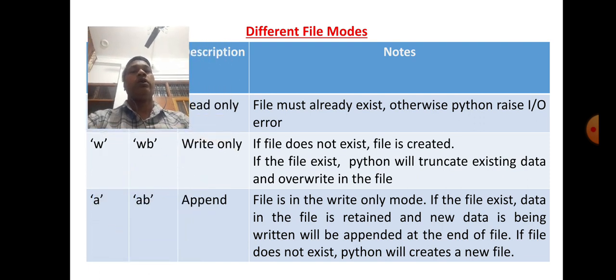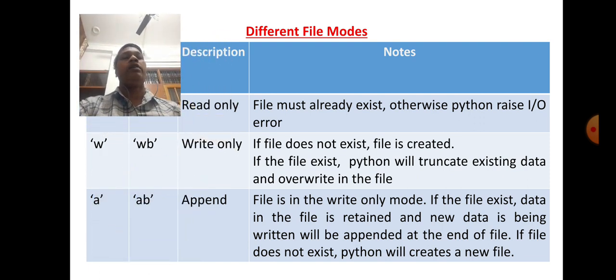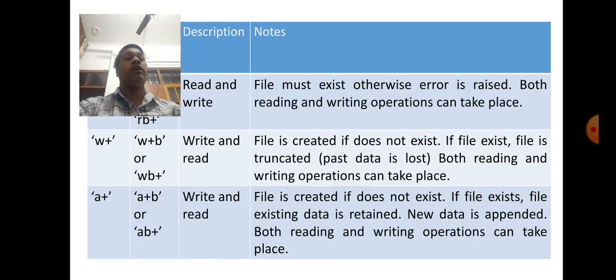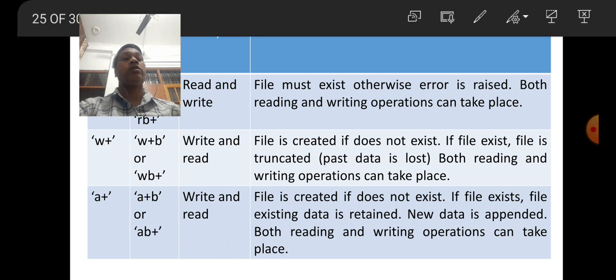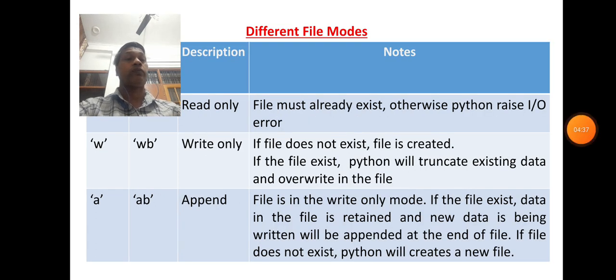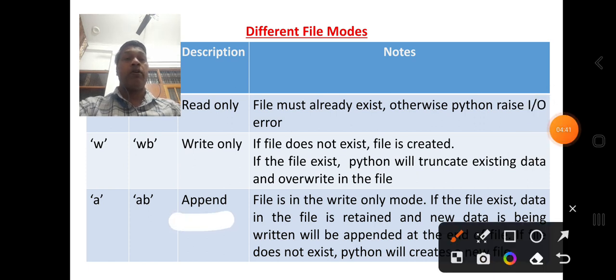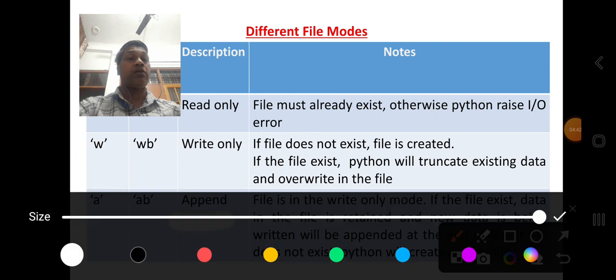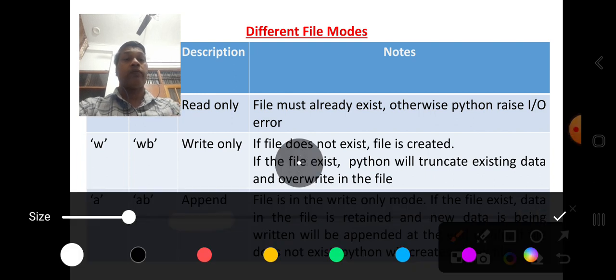If you want to open a file in append mode, then the file is in write only mode. If the file exists, the data in the file is retained, meaning the previous data is also available.